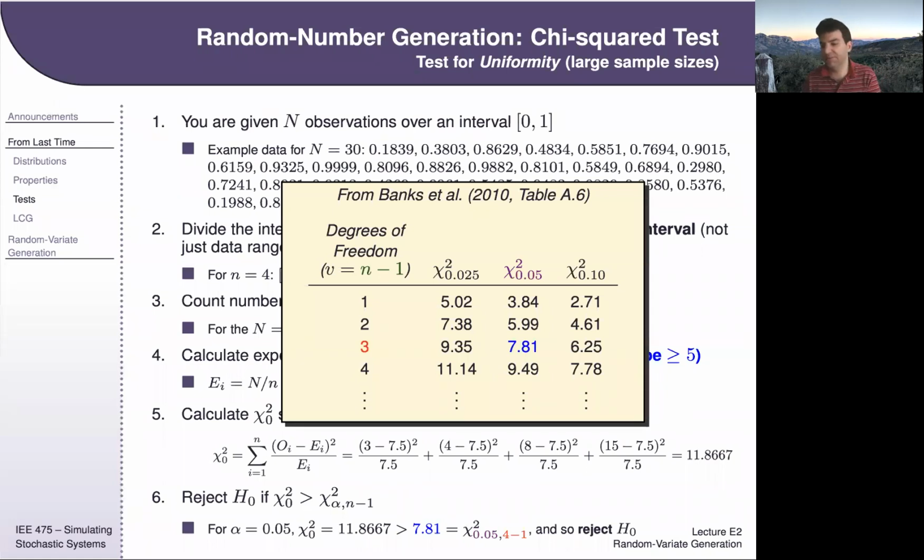So there was a question here: does adding more bins increase our accuracy? What adding more bins does is it makes the test more powerful, in that you can now focus on smaller regions where you would still expect uniformity.